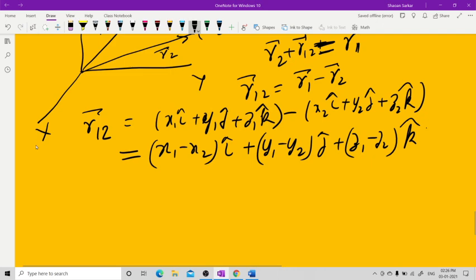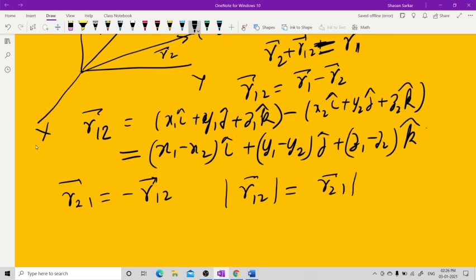That means I can say R21 is minus of R12. Direction changed. But R12 mod is same as R21 mod because this is the length, the distance.